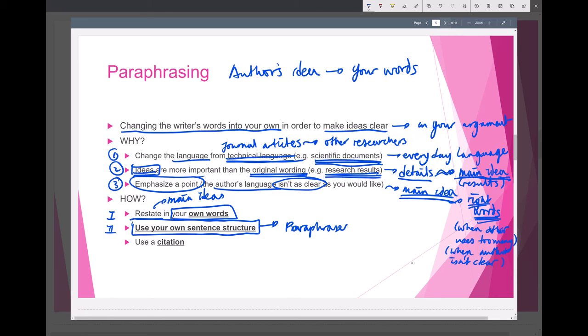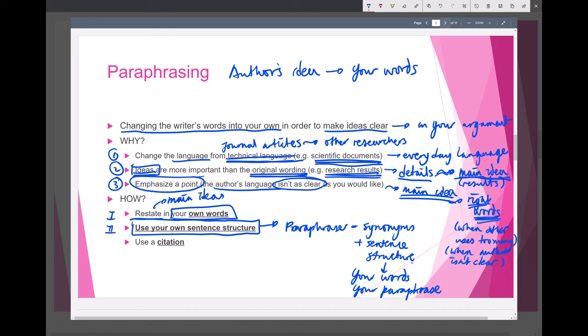Paraphrase is, you have synonyms and your sentence structure. Very important. So then it becomes your words, or in this case, your paraphrase. And I'll show you what that means.